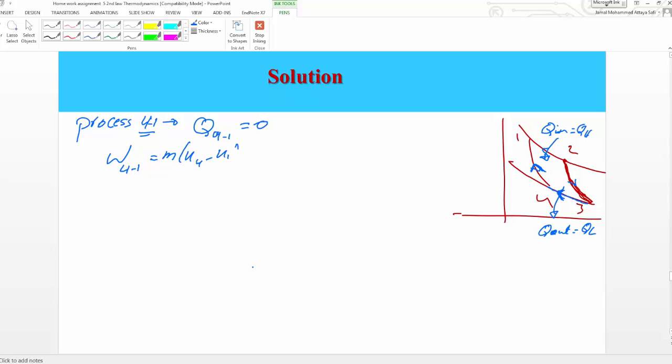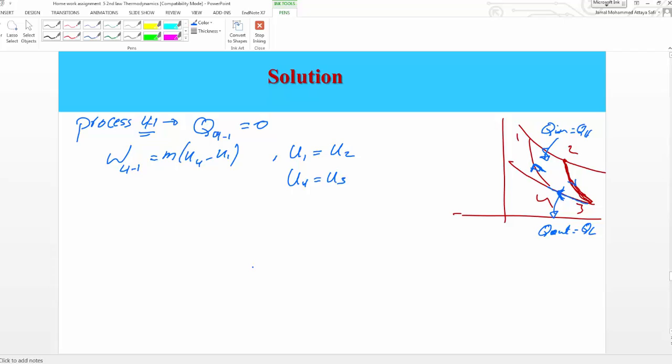U4 minus U1. And from an ideal gas perspective, we know that U1 equals U2 and U4 equals U3, because there is no change of internal energy along an isotherm line.